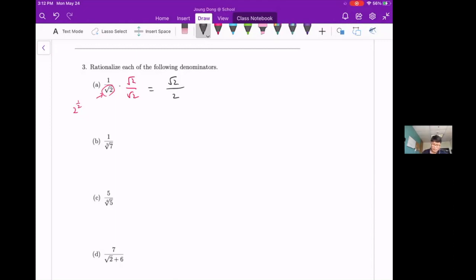So what about the second problem? The index is 3, but keep that in mind. This one means 7 to the 1/3. To make it non-radical in your denominator, you need 7 to the 2/3. Does it make sense? So we're going to multiply. Let me write it this way.